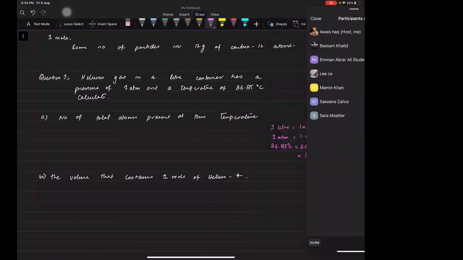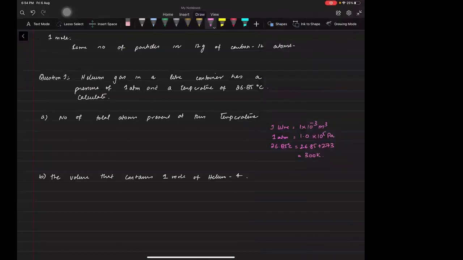भाई देखो तुम लोग. What do they need? They need total number of atoms, which means they need n. So the equation that is related to n is PV equals to nKT. So we're going to use this. Pressure कितना है? 1.0 times 10 raised to power 5. Volume कितना है? 1 into 10 raised to power minus 3. n निकालना है.